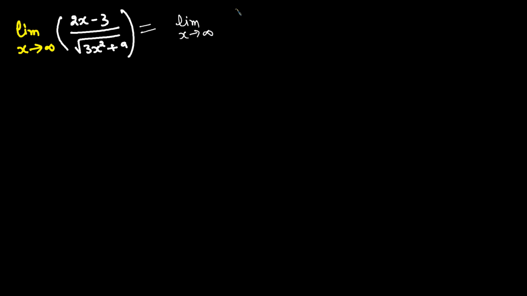What we get over here is 2 minus 3 over x, and in the denominator we've got the square root of 3 plus 9 over x squared. It's basically 1 over x, but as I take x inside the square root, it becomes x squared.